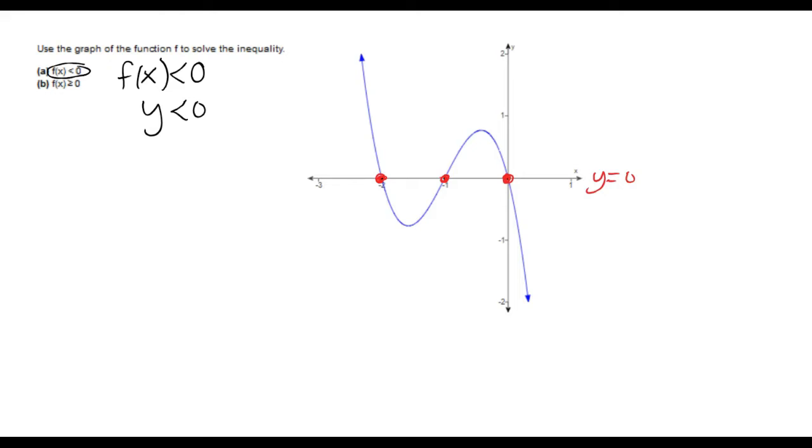And then every point that is above the x-axis is going to have y values that are greater than 0. And then all of the points that are below the x-axis are going to have y values that are less than 0.